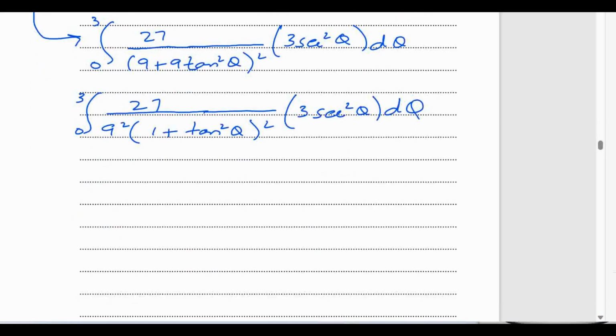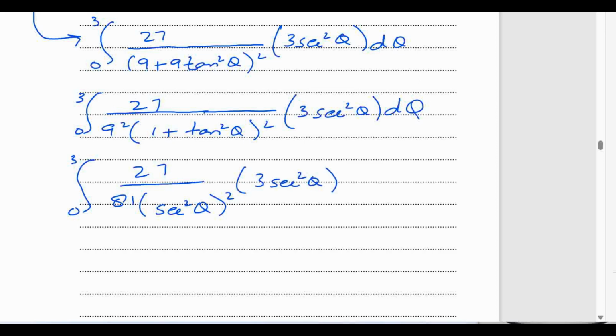Now what we can do further, this should be 27 divided by 81 into, now 1 plus tan square theta is equal to secant square theta. This is a trigonometric identity. Then 3 secant square theta d theta.